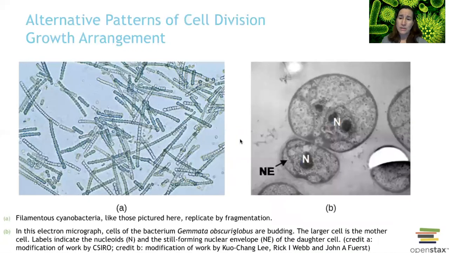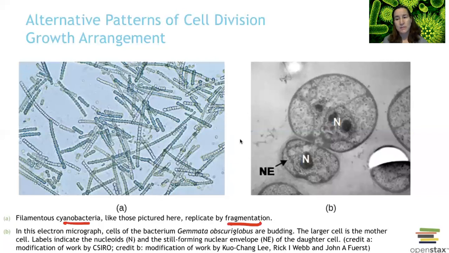Another way that we can try and figure out how many we have growing, we can use alternative methods of cell division. That's another way that we could possibly diagnose what's going on. We said the most popular method of cell division was binary fission, but there are also other methods of cell division for bacteria. We've got the cyanobacteria, and they're going to use fragmentation.